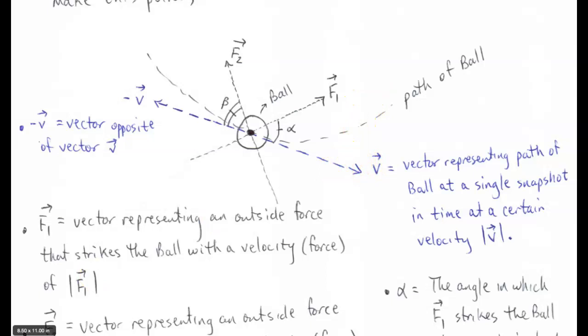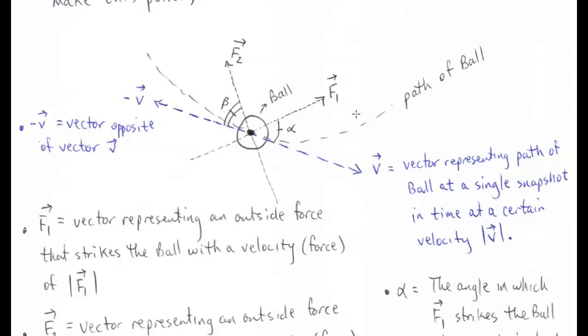Now, if we looked at this ball rolling along this path at a snapshot in time, we're going to imagine that we have one of two forces that may act on that particular ball.